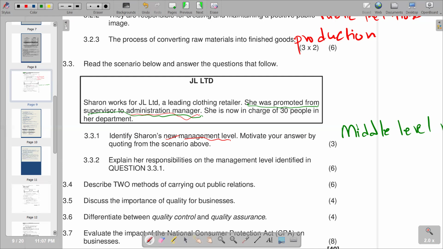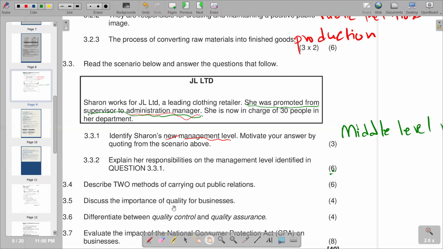Then the second responsibility is that they turn tactical decisions into action. They turn tactical decisions into action. Then the third responsibility is that they motivate and encourage lower level management. So basically those 3 will lead you to get your 6 marks.